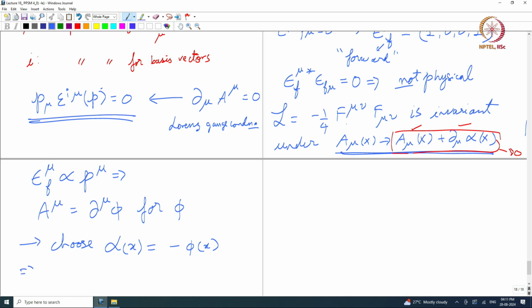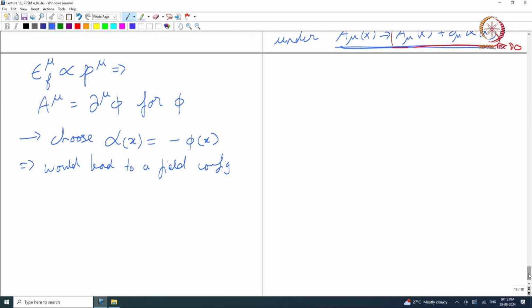Let me write that in words. This would lead to a configuration of fields where if I call this whole thing a prime mu if you want, a field configuration where the whole a mu is 0.